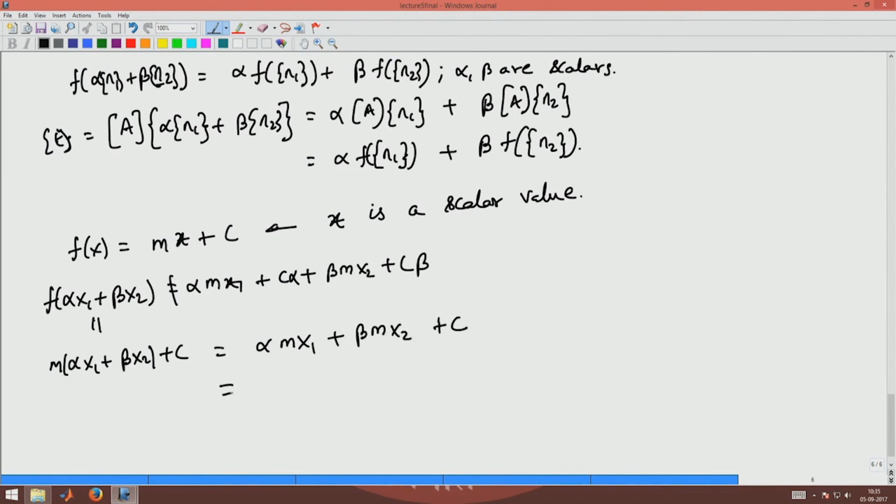Okay, this is not equal to alpha times f of x1 plus beta times f of x2, which would give alpha m x1 plus alpha c plus beta m x2 plus beta c. Okay, so this is not a linear function.